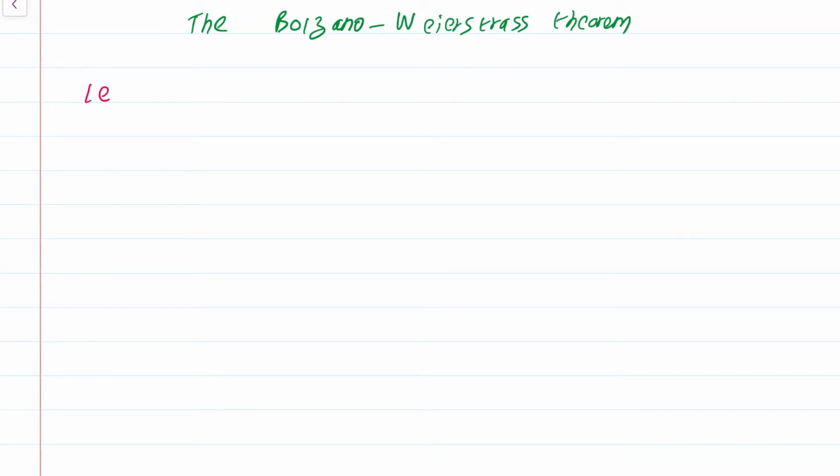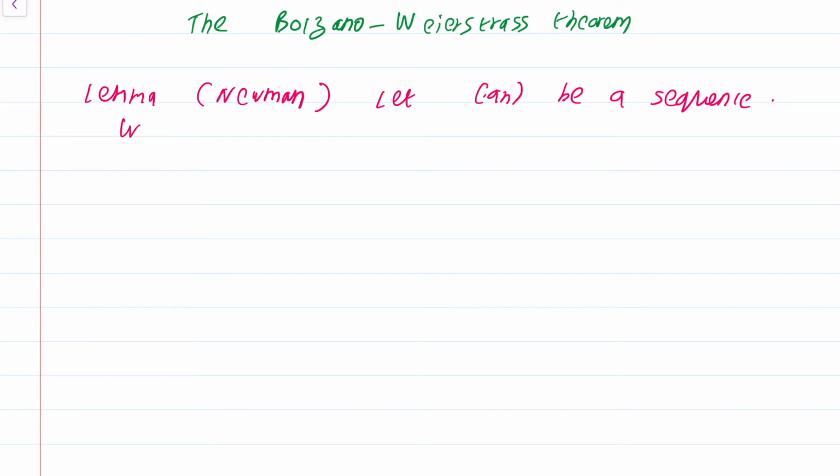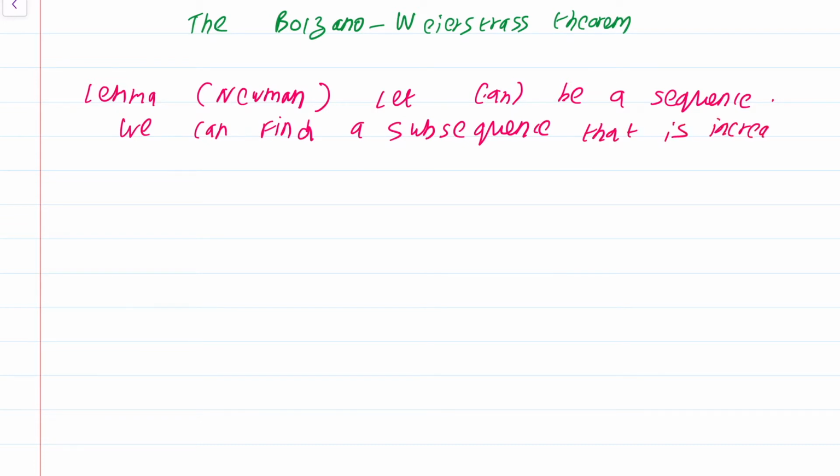Lemma, this is due to Newman. This states that let a_n be a sequence, we can find a subsequence that is increasing or a subsequence that is decreasing.